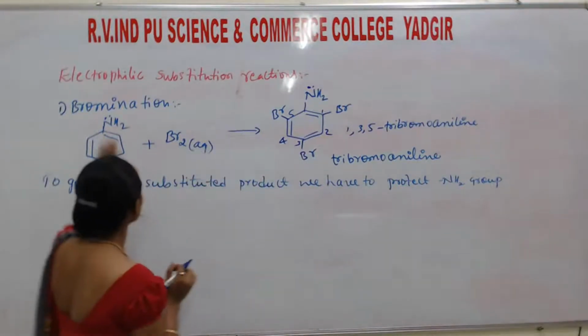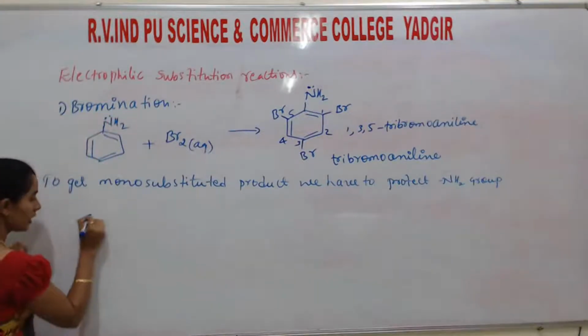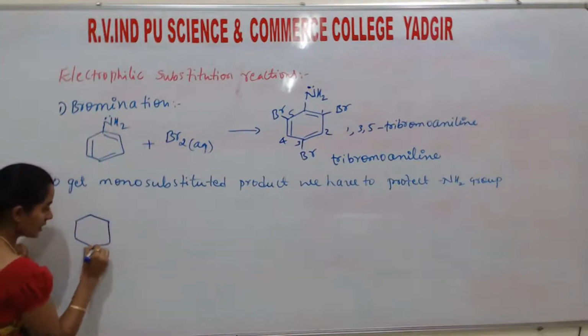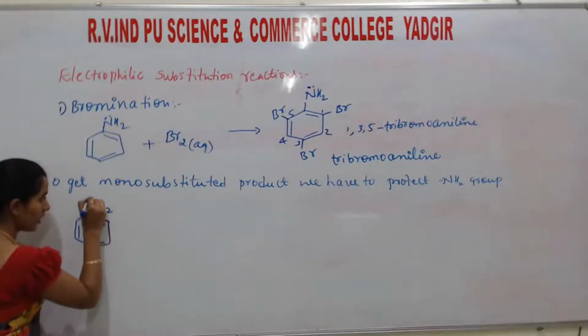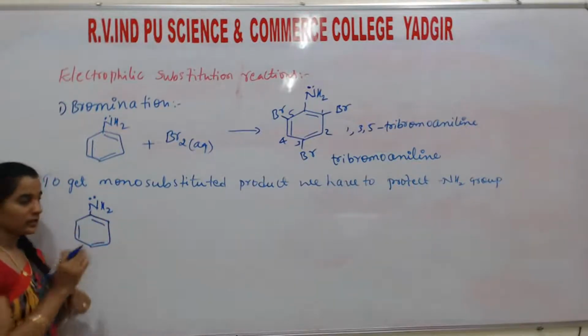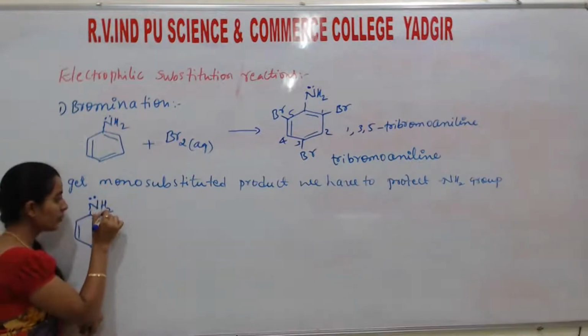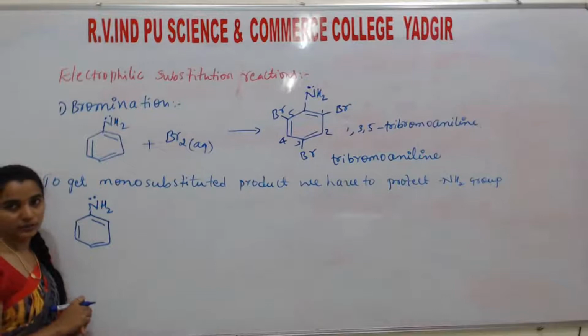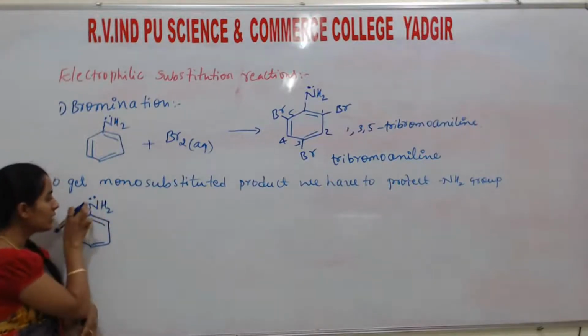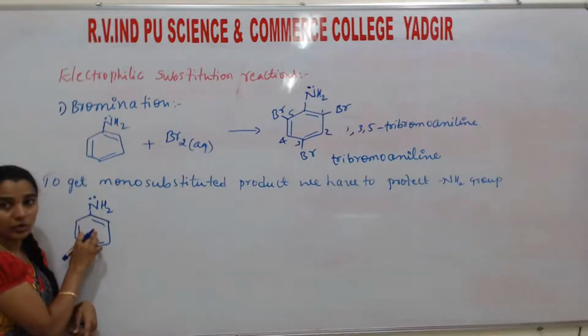That means the NH2 group shouldn't be involved in resonance. Here the lone pair of electrons on this NH2 group is there, correct? This is protected by the addition of another reagent. If it is protected, these lone pair electrons are never involved in the resonance.